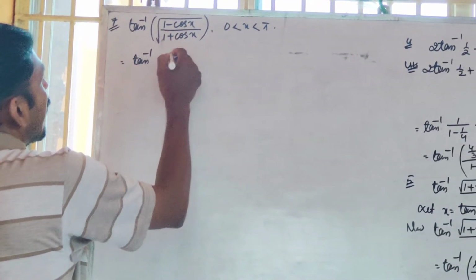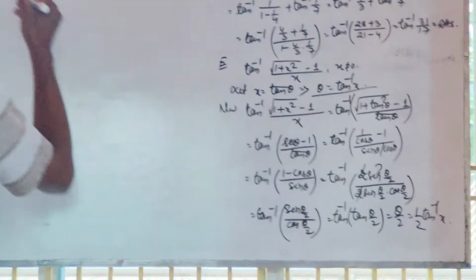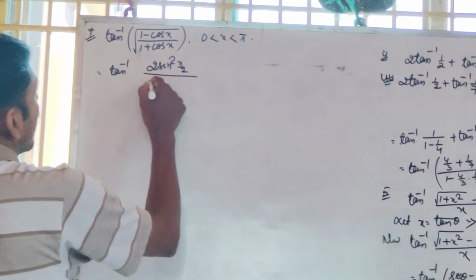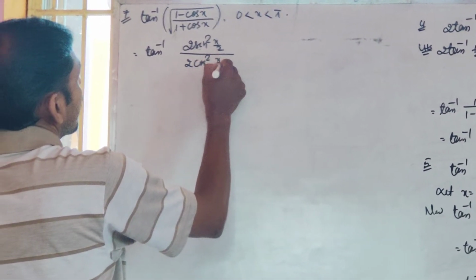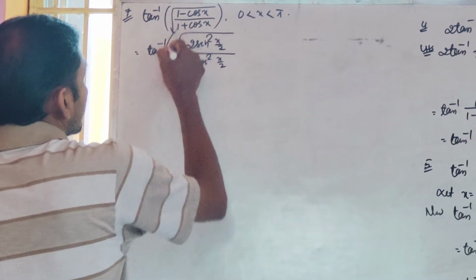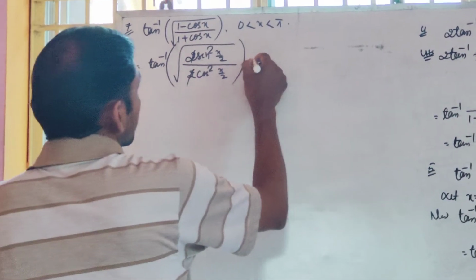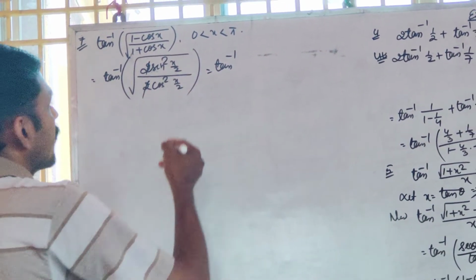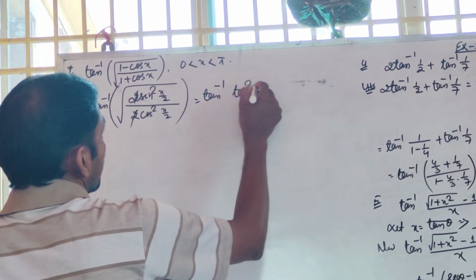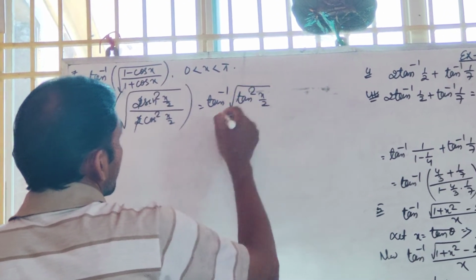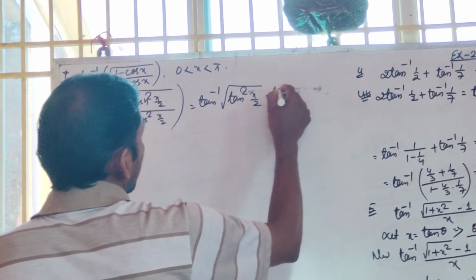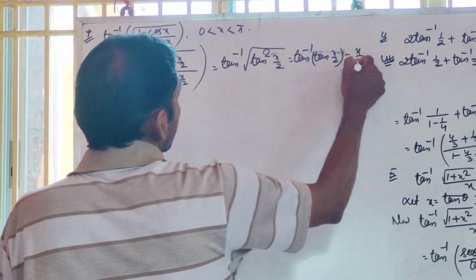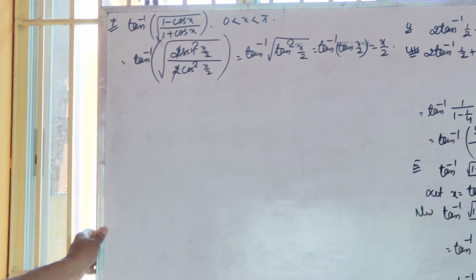You can write 1 minus cos x like this, 2 sin square x by 2, and the denominator will become 2 cos square x by 2, whole root. The 2 cancels. That is tan inverse of square root of sin square by cos square, tan square x by 2. That is tan inverse tan x by 2, which is equal to x by 2. This is 1 mark.